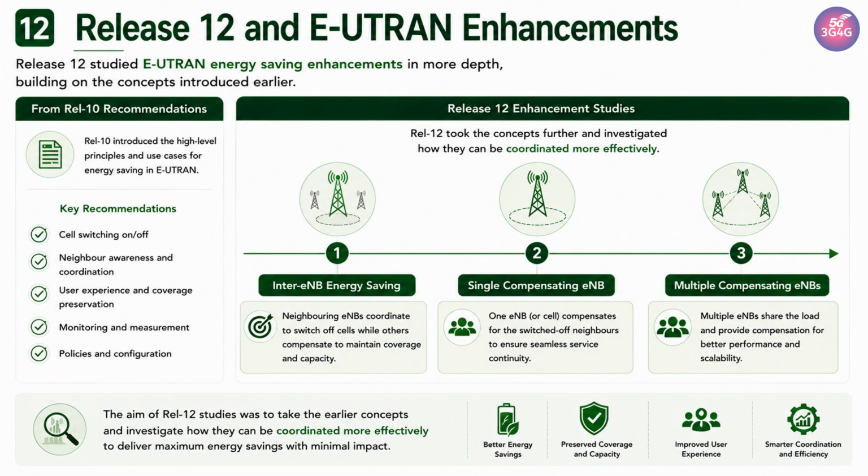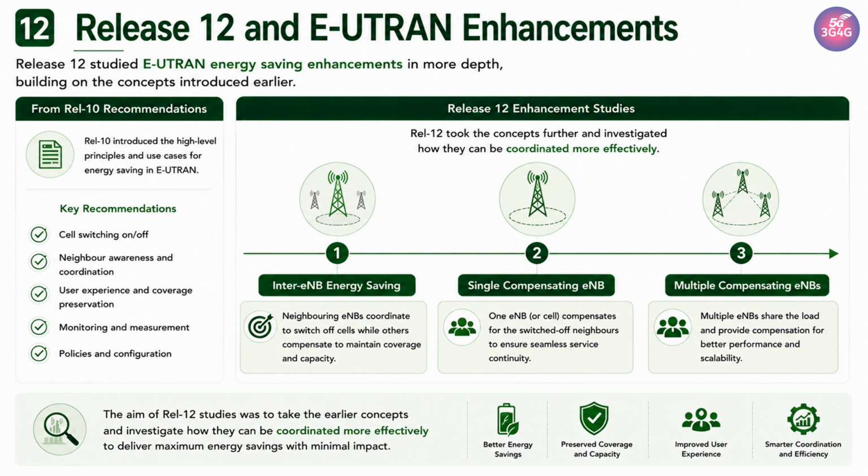The early Release 10 work introduced the main principles and use cases for LTE and E-UTRAN energy saving. Release 12 then studied E-UTRAN energy saving enhancements in more depth. The Release 12 study looked at how these earlier concepts could be coordinated more effectively. Three scenarios are especially important.